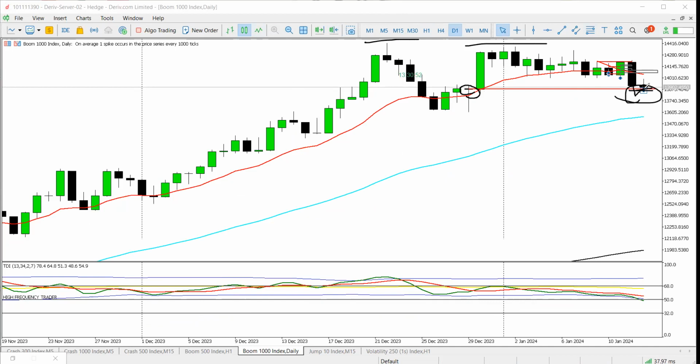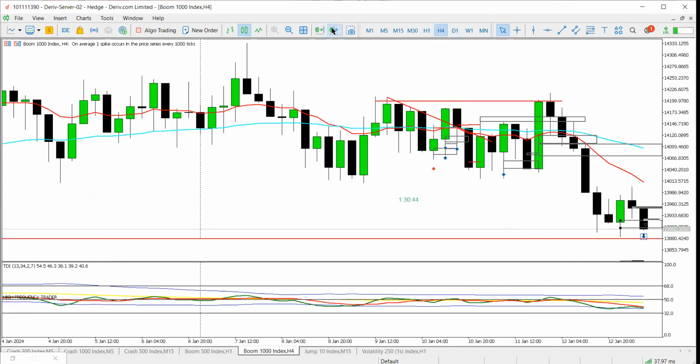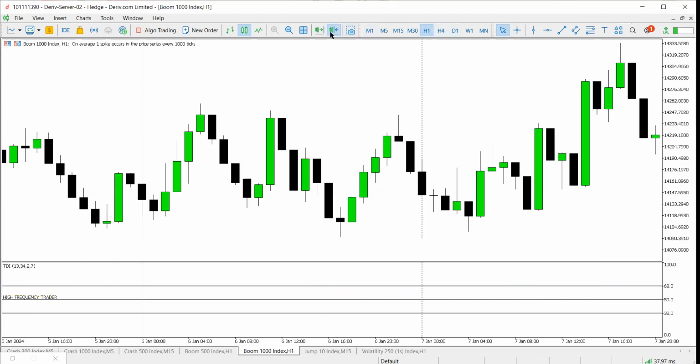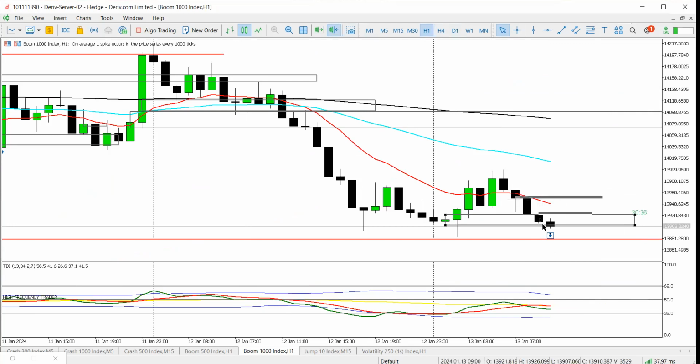But otherwise, this price is in a sell pattern or a sell flow, so we don't want to trade against that trend. If we are buying, we need more confirmations. You can see H4 is bearish, H1 is also bearish. So for us to actually buy, we need to see this price coming and tapping into this red line here.